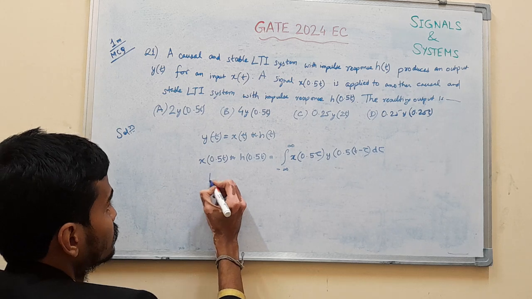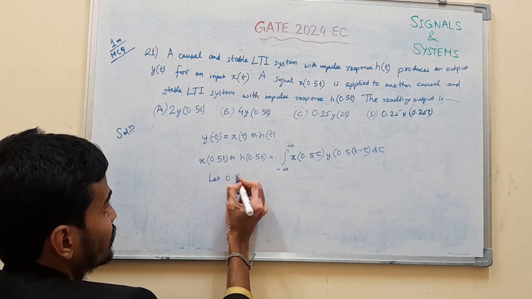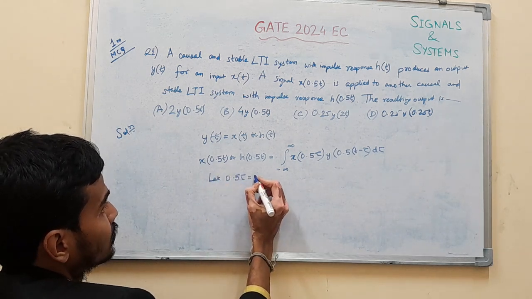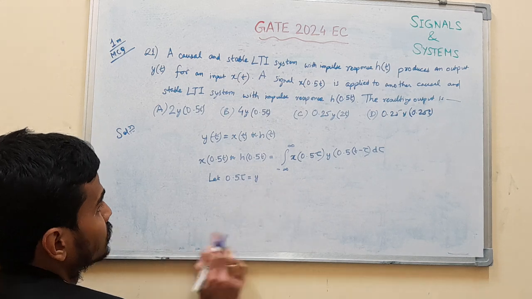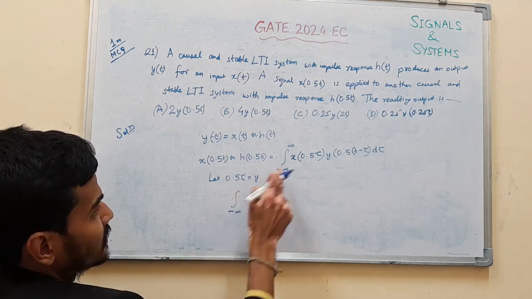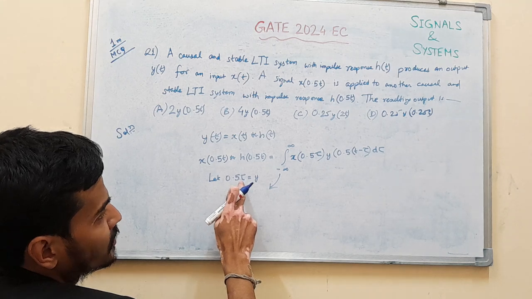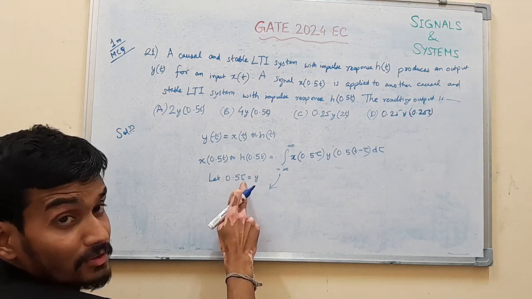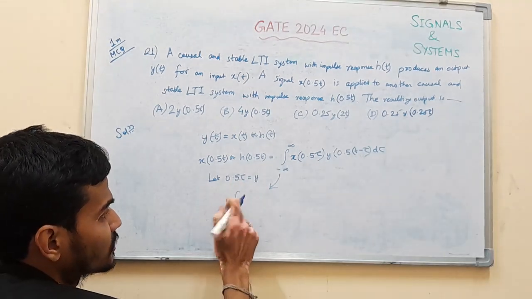Now let's put 0.5 tau as the other variable, say y. If you put minus infinity here, y will be minus infinity. If you put plus infinity, y will be plus infinity. The limits will remain unchanged.